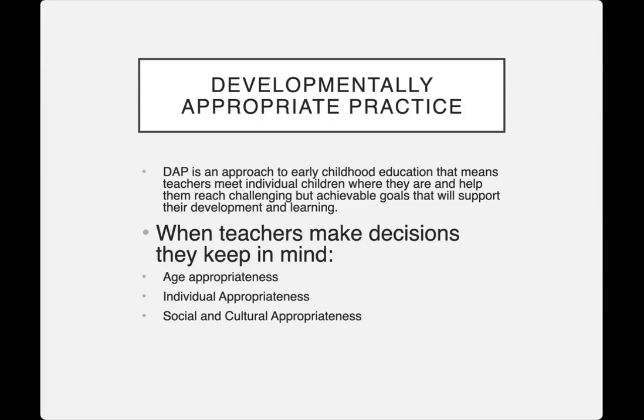I won't mind. And then lastly, on this topic of developmentally appropriate practice, we speak about social and cultural appropriateness. So in our country, our rainbow nation, which I am very proud of, we have different cultures, different traditions, different religions. And even within those religions, there are different groups.